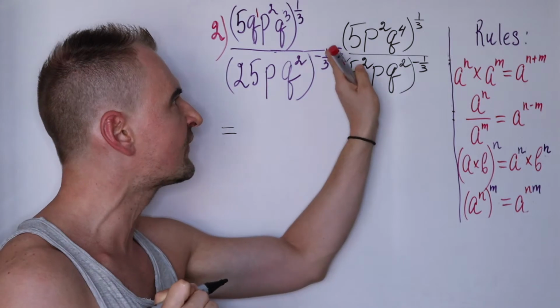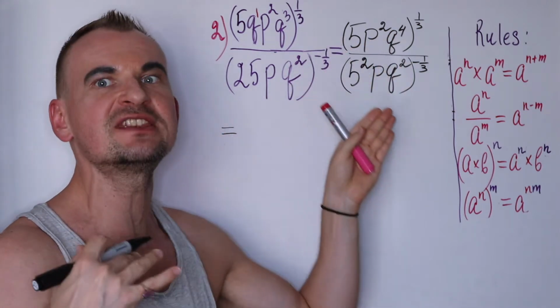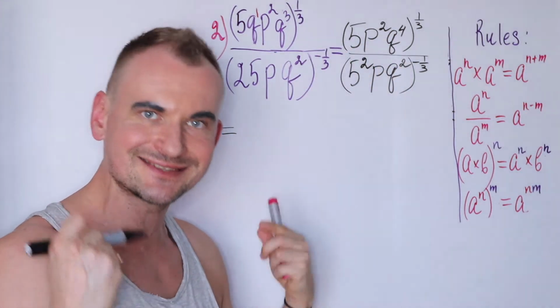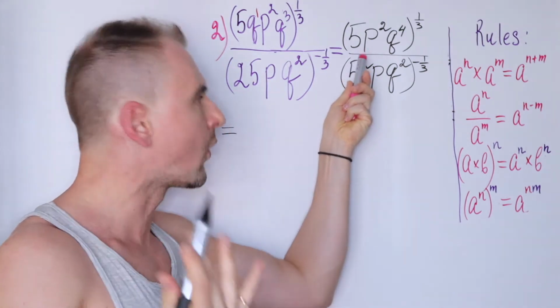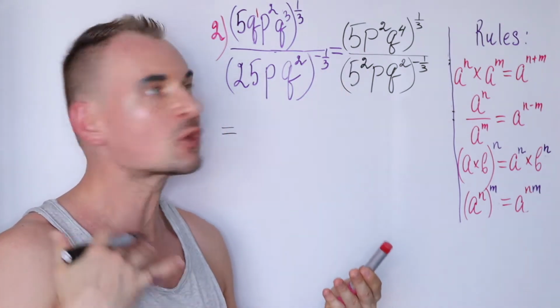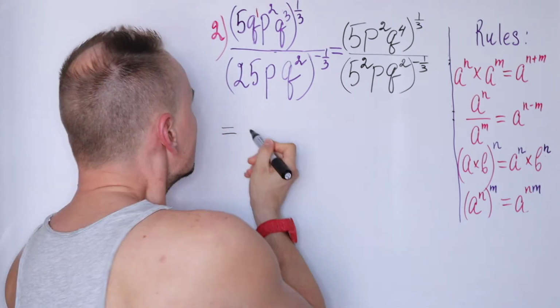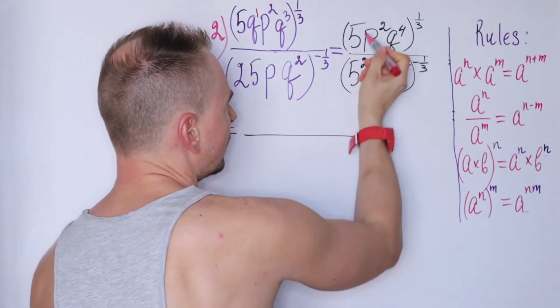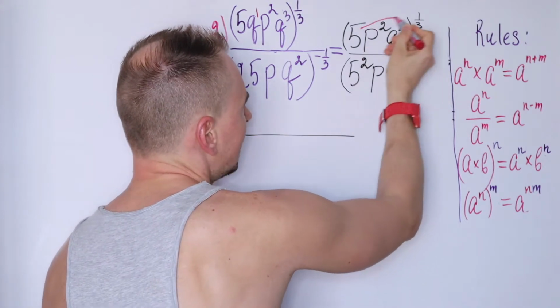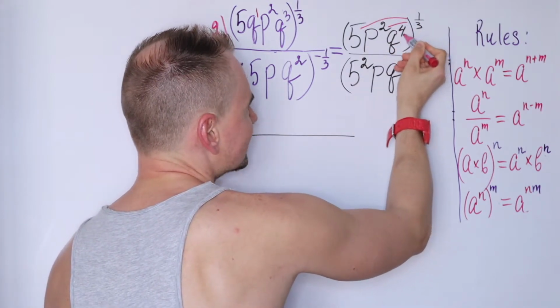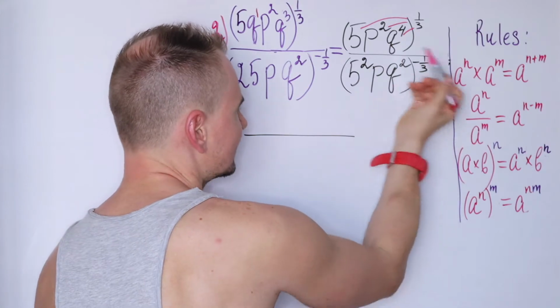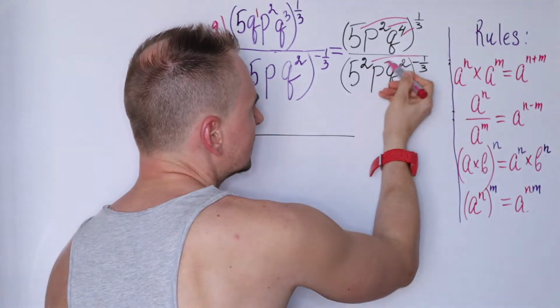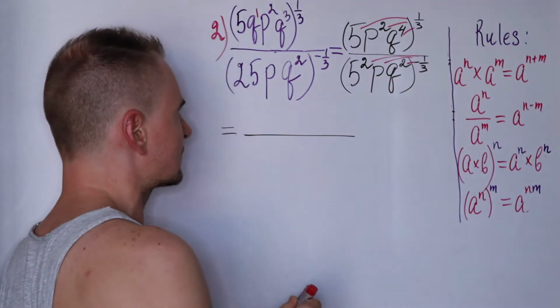Now, so I have 3 terms including this constant, and do not forget this constant, this number or coefficient if you will, also has to be raised to this power. So it becomes 5 raised to, so again I'm going to highlight it, everything has to be raised to this power outside, so including this constant, including this coefficient.